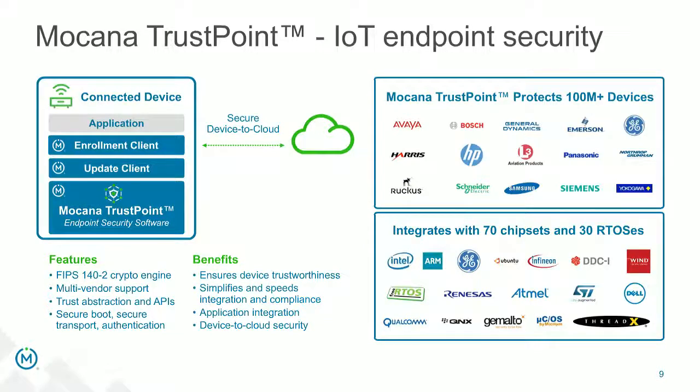One of the key aspects of it is that it makes it simple to incorporate strong security into your IoT devices. It does this through a development framework that comes with a trust abstraction layer and a simple set of APIs.